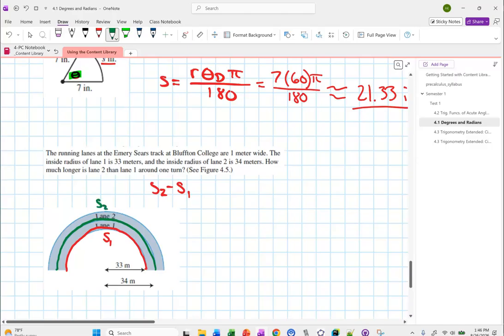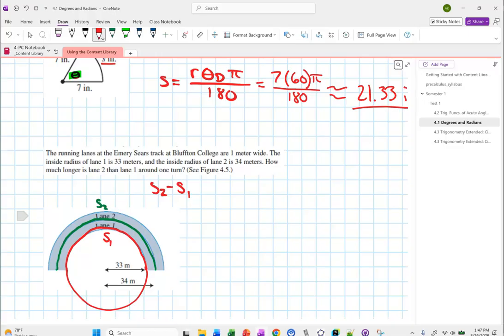If you look at this picture, hopefully you recognize that this is just like a circular track, right? Or at least this portion of the track could be part of a circle. You guys agree? Okay. So these distances, S1 and S2, are arc lengths.